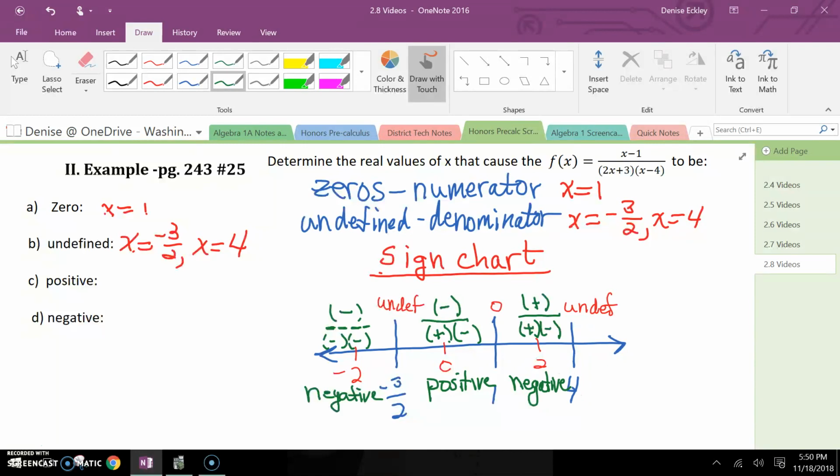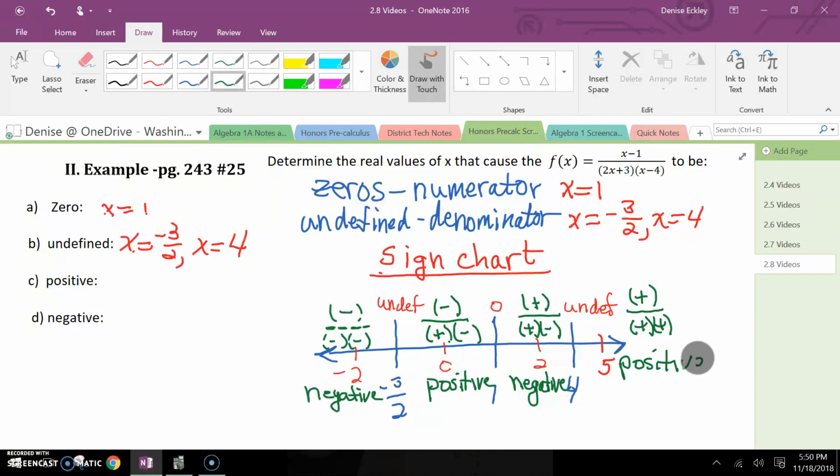And I realize that I need another value in my sign chart, a value greater than 4, so I'm going to use 5. And when I substitute 5 into the rational expression, I get a negative over a positive times a positive. So overall, the rational expression will be positive.